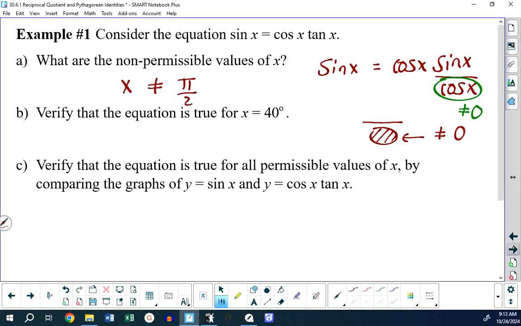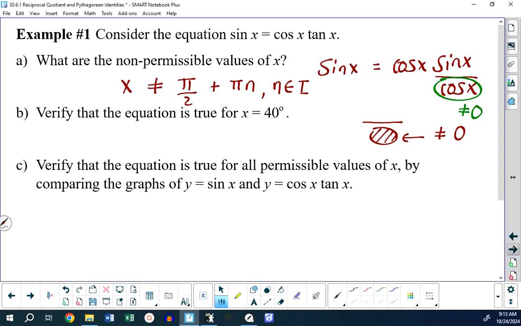I'm saying very clearly that these are values that x is not allowed to be. X is not allowed to be pi over 2 plus multiples of pi. That should require very little explanation at this point in the course, because at pi over 2, which is the top where cosine is 0, making this undefined, and 3 pi over 2 at the bottom, doing the same thing, they are separated by a half a revolution, which is pi radians.